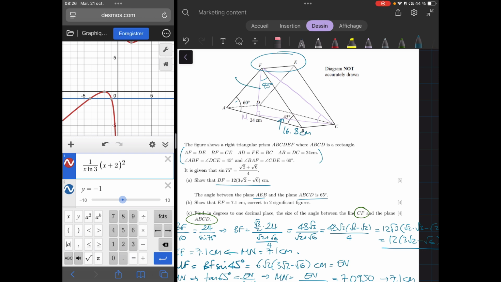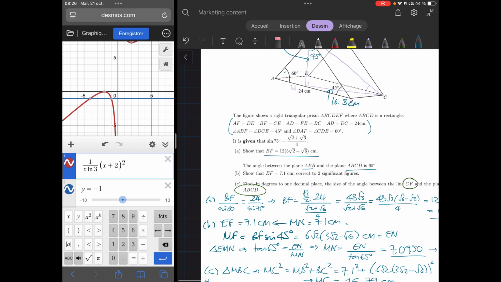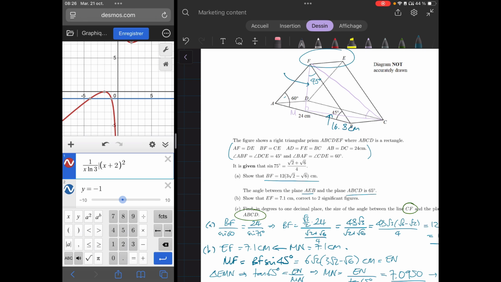We also found FM earlier, so the required angle FCM is simply arctan of FM divided by MC.